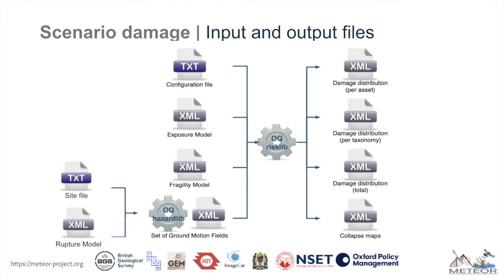In addition to that, we'll have the exposure model, the fragility model, and the configuration file, which will link to all of these other files. Outputs from the scenario damage calculation include damage distributions and maps.